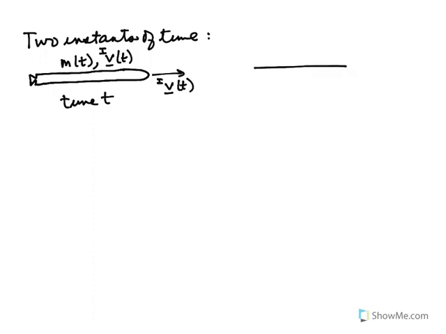So we're going to have the same picture for the rocket, except now the rocket has lost mass in the process of going from t to t plus delta t. This is important, because at t plus delta t, the rocket has a mass m of t minus delta m, and it has a velocity vi of t plus delta v.